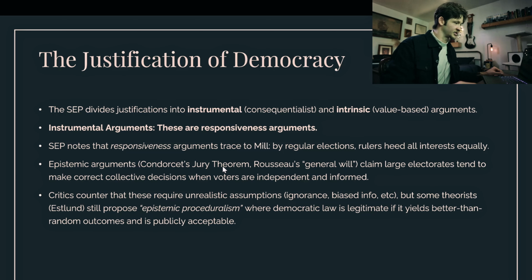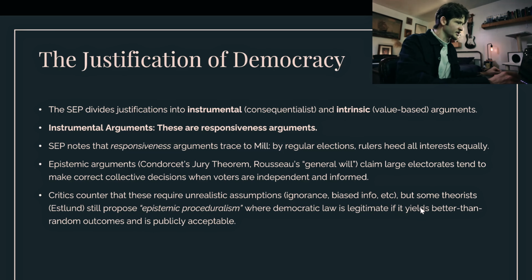Epistemic arguments, Condorcet's jury theorem, Rousseau's general will, claim large electorates tend to make correct collective decisions when voters are independent and informed. Critics counter that these require unrealistic assumptions, given ignorance, bias, and so on, but some theorists, like Estlund, still propose epistemic proceduralism, where democratic law is legitimate if it yields better than random outcomes and is publicly acceptable.